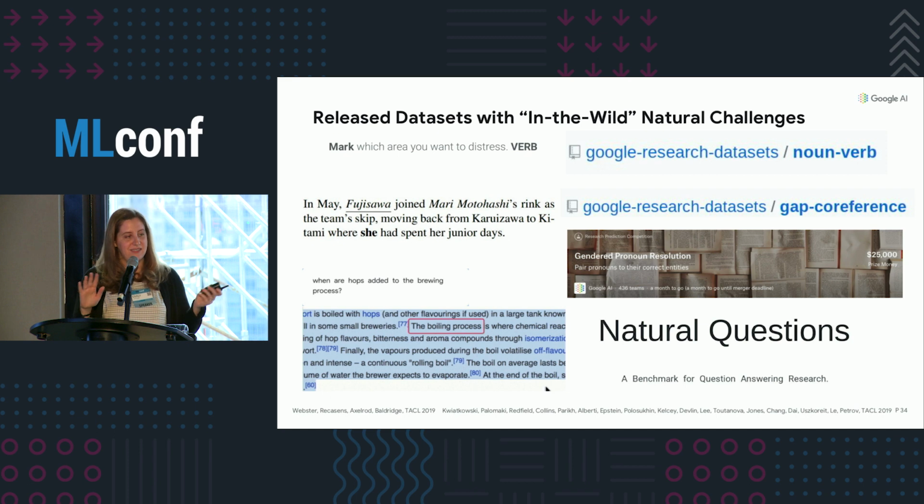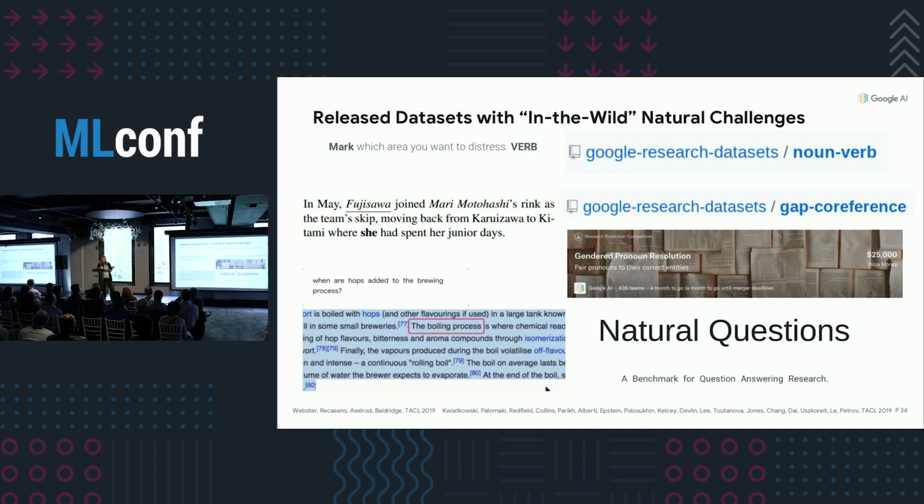And so this data set contains a large number of feminine examples as well. And there's also a Kaggle task for this. So if you're interested, you can compete. We're offering $25,000 in prize money for the best system.